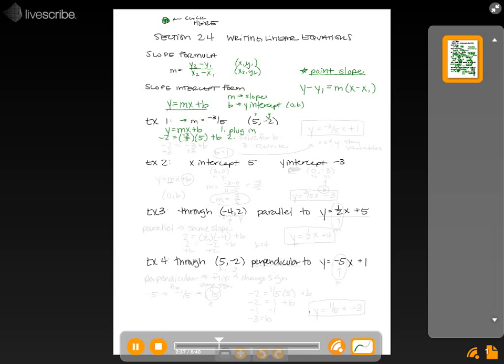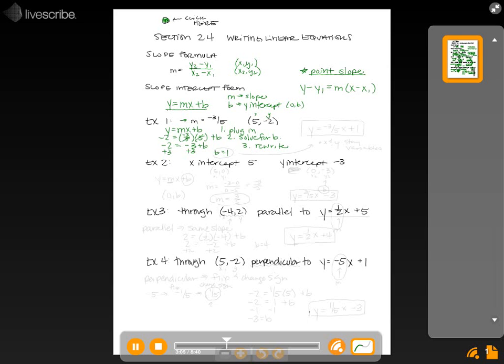Step 2 is to solve for b. So we're going to simplify this. The 3/5 and the 5 are going to cancel each other out, so it becomes negative 2 equals negative 3 plus b. Add 3 to both sides. b is 1.